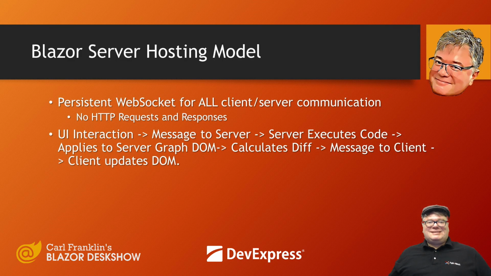All right, so what is the magic that makes Blazor work on the server and all that code run on the server? Yes, it is SignalR. Unlike traditional AJAX calls, where you make calls for data using an HTTP request and then get an HTTP response, normally in JavaScript, that isn't happening.